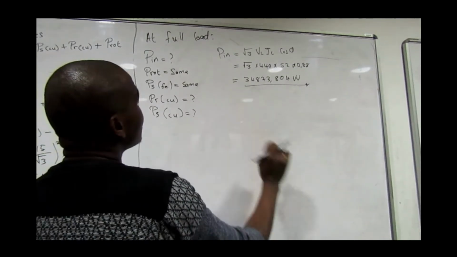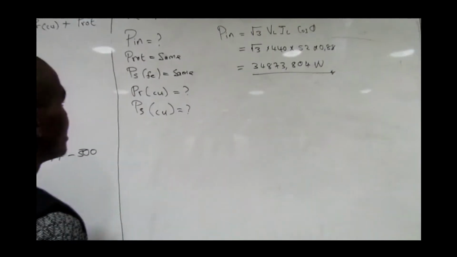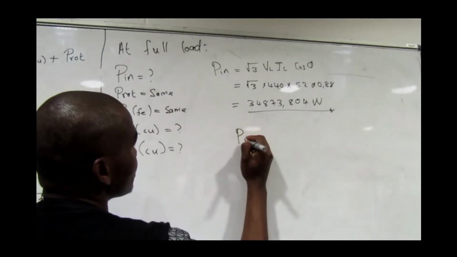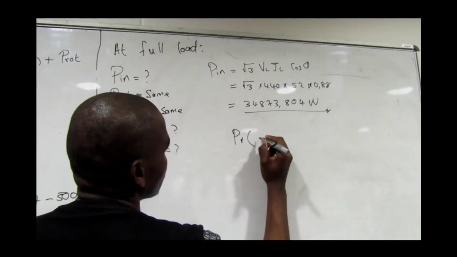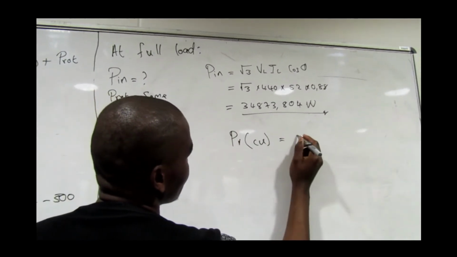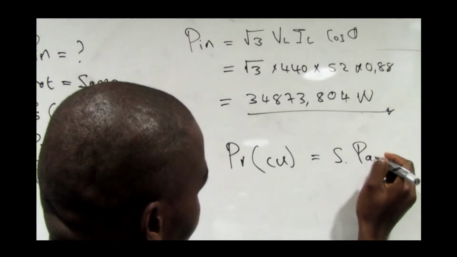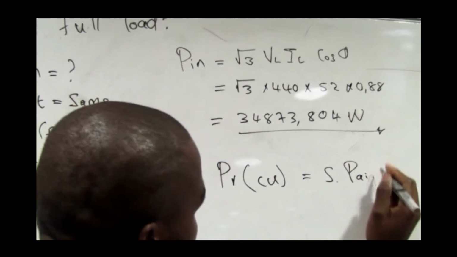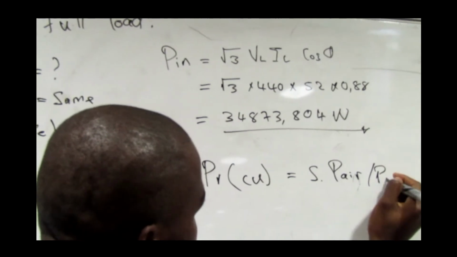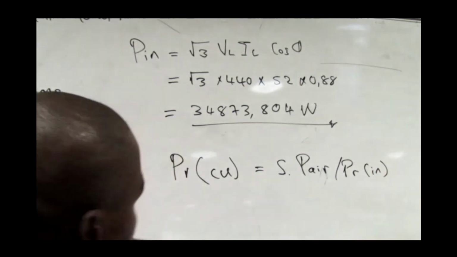Okay guys, after calculating our P in, we have to find our PRCU. Remember, the losses in the rotor are given by slip times P gap, or PR input into a rotor.